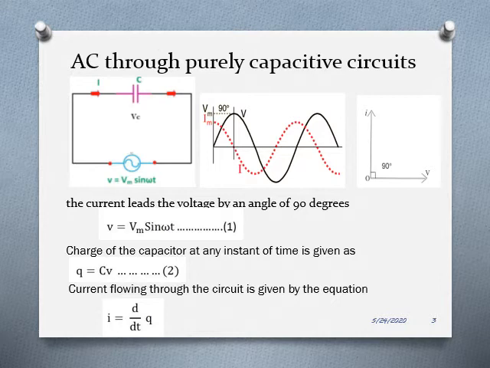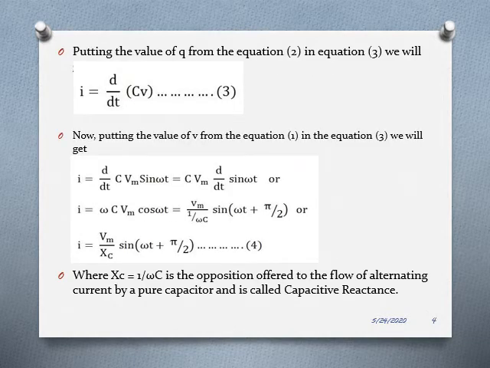Current flowing through the circuit is given by the equation I is equal to dq by dt. So putting that value of Q in the equation, you get I is equal to d by dt of C into V.